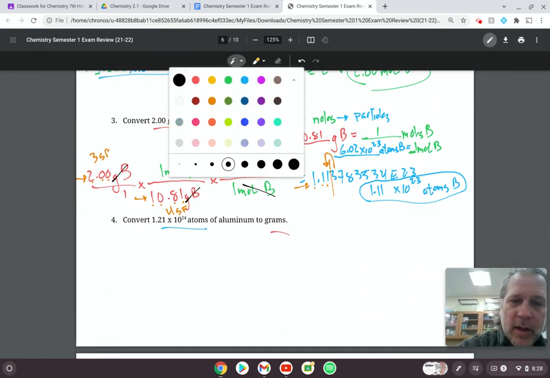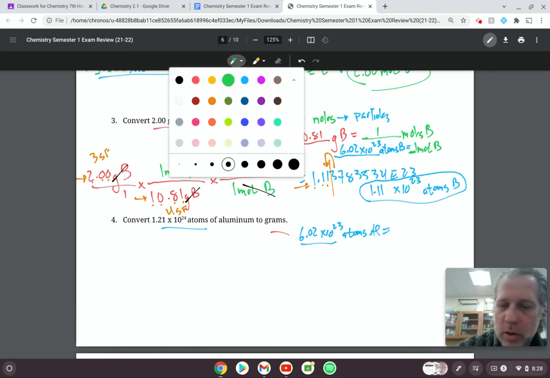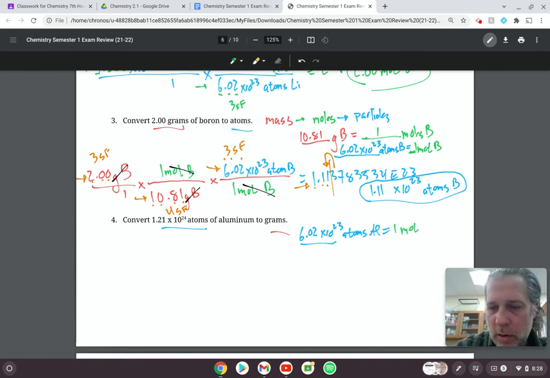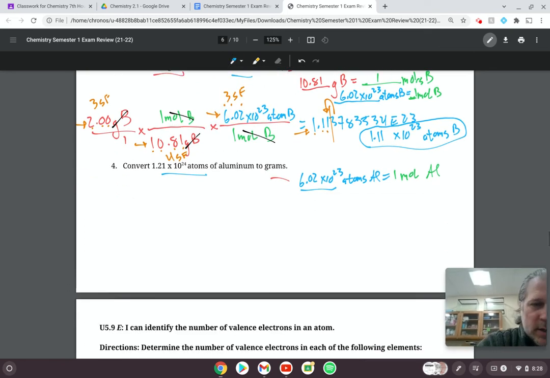So I'm going to take my relationship that says 6.02 times 10 to the 23rd atoms of aluminum is equal to 1 mole of aluminum. So I'm going to set that part of my problem up first. So I'm going to take the 6.02. Nope, I lied.